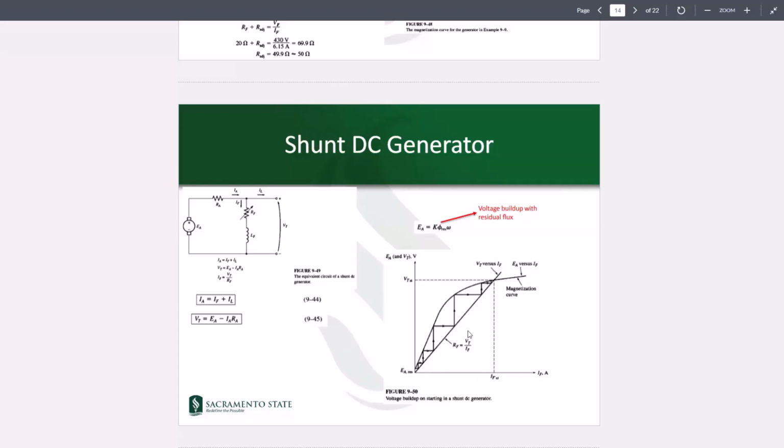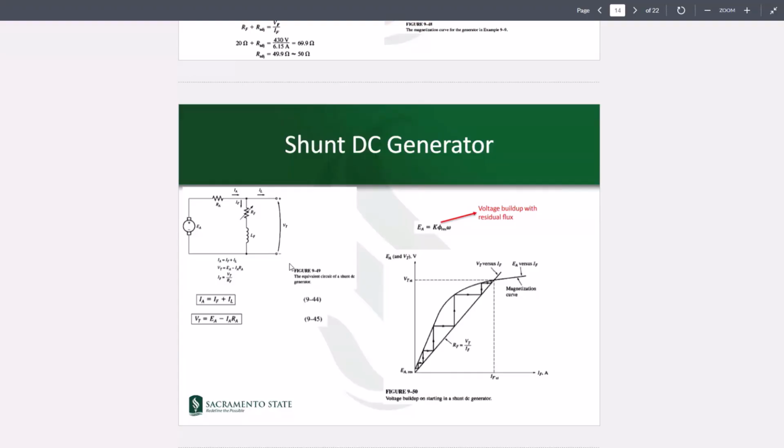Now, if you intersect these two, this gives you a way to analyze how this machine can start. Through this residual EA, you would get a little bit of voltage at the very beginning at this point, and this will translate into a little bit of IF, or the excitation current, through this line.